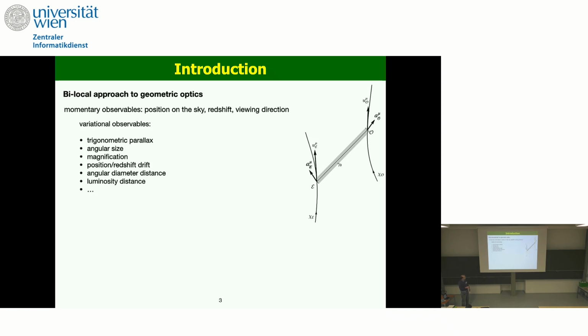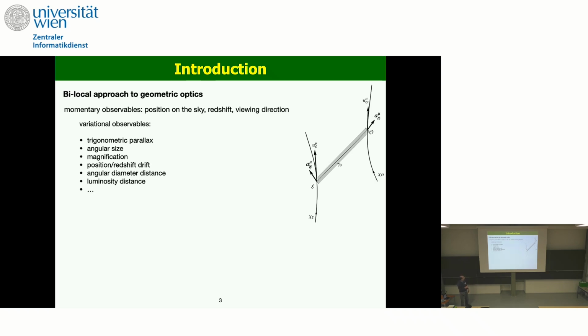If this body has a finite angular size, then again, strictly speaking, there will be a couple of positions on the sky, or a whole stereographic angle related to the angular size of this body. You have the magnification. You've got the drifts, or the temporal derivatives of the position on the sky, so a proper motion type of thing.